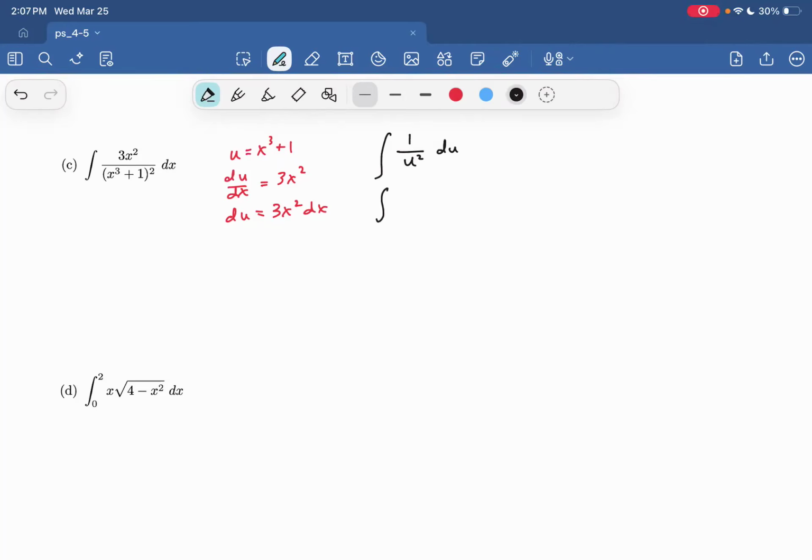We can only integrate normal powers of u, so we want to change this to u to the -2 before integrating. And this will leave us with negative u to the -1 plus c, which is -1 over x cubed plus 1 plus c.